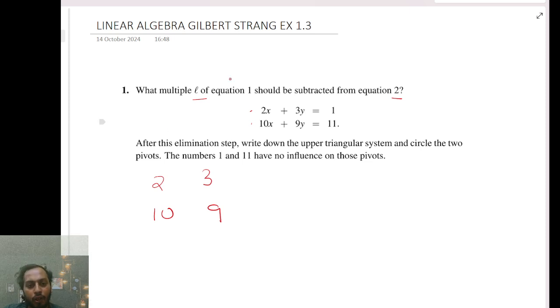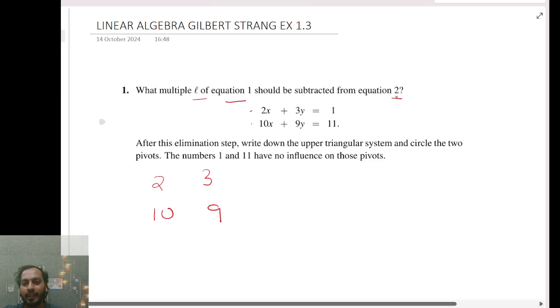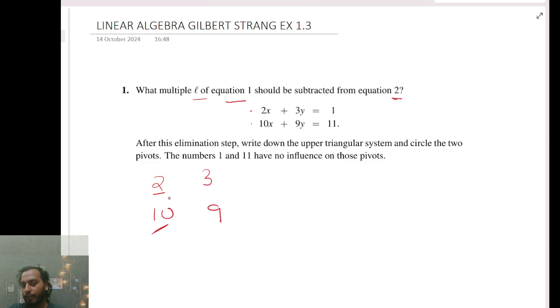What multiple of equation number 1 should I subtract from equation 2? What multiple should I take so that I can knock out this 10? What should I multiply here so that if I subtract it from 10, the 10 will become 0? 5, right?